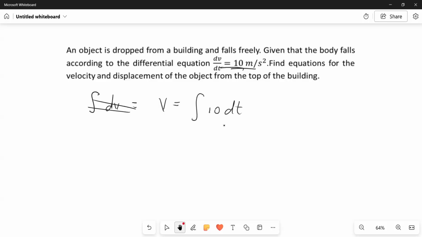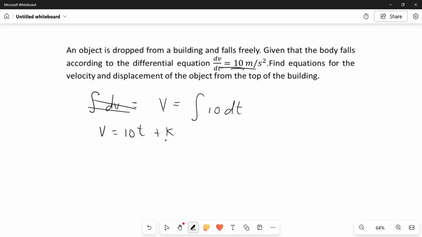So this tells you that v equals 10t. And if you want, stick in your k. Remember your k? So your velocity is equal to 10t plus k.